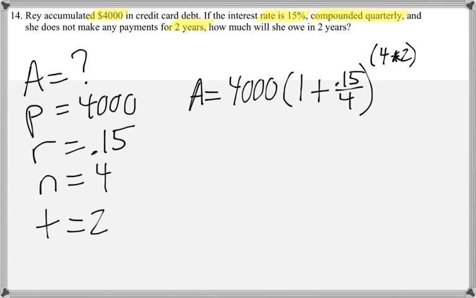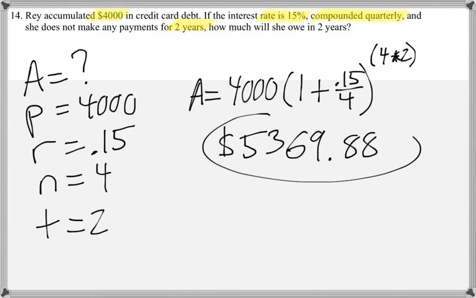So if I calculate that, then I'm going to get $5,369.88. So that'll be how much she owes in 2 years.